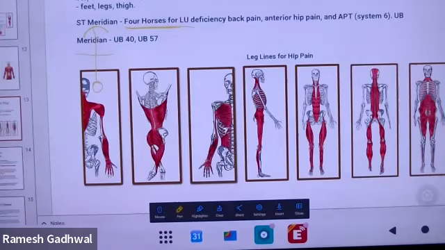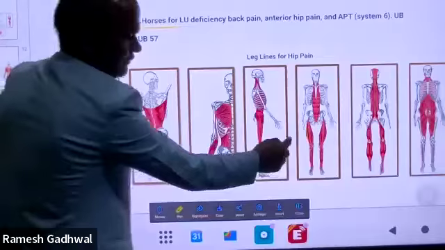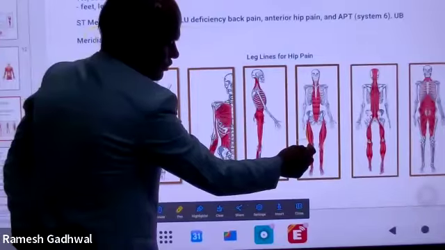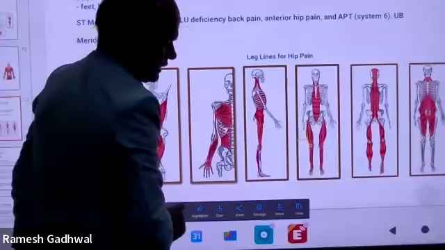Yes, 4 horses. 4 horses is on the stomach meridian between stomach 32 to stomach 34. First point, 5.5 cun up from the lateral corner of the patella.